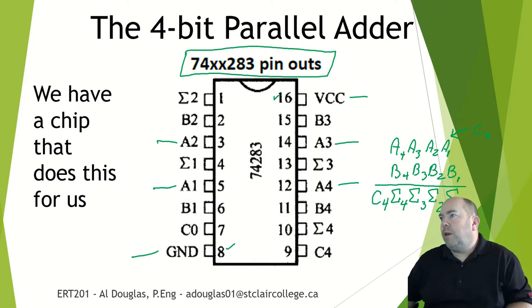The reason we have a carry in, this C0, if you wanted to do two 8-bit numbers together, you could use two of these together, and basically the C4 from this one, you could plug into the C0 of another one, and do that addition like that.